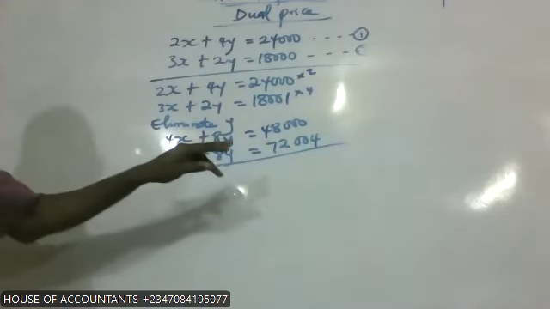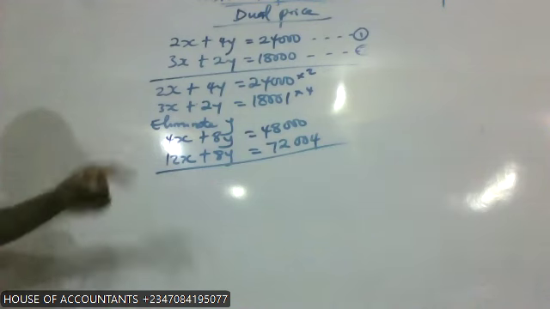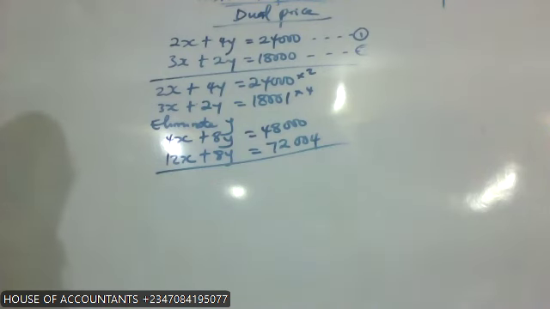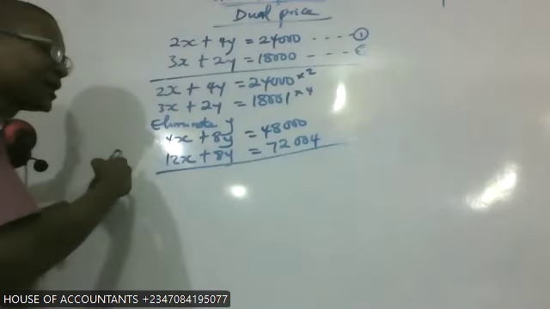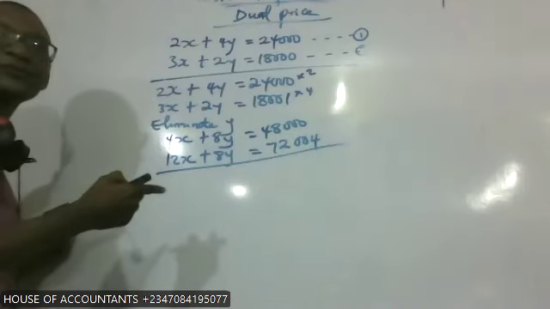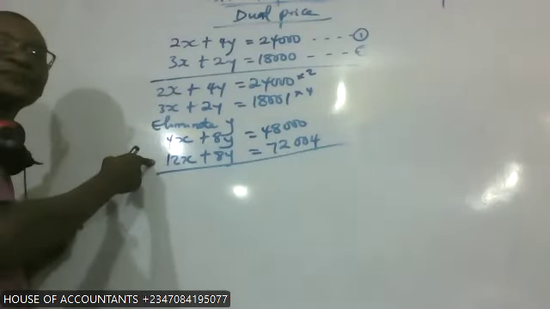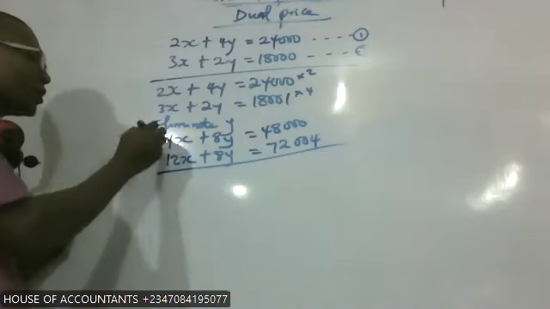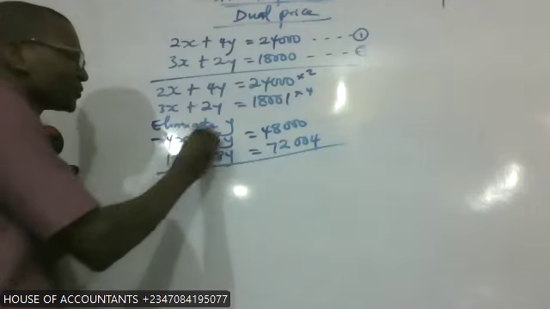We have followed the procedure that the terms must look alike, but the signs are different. Yes or no? We will multiply by negative whichever we want. Let's say this one is negative, then this one will turn to what?